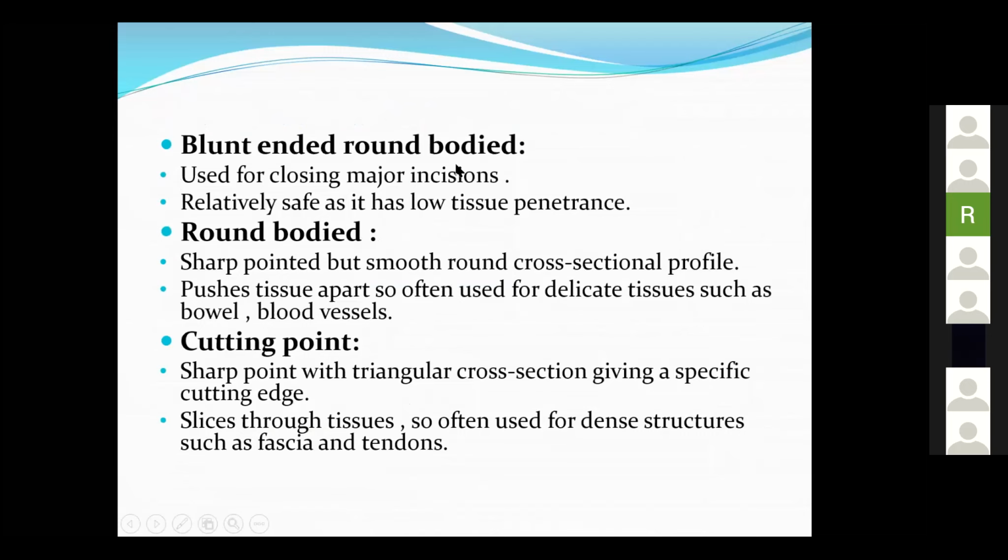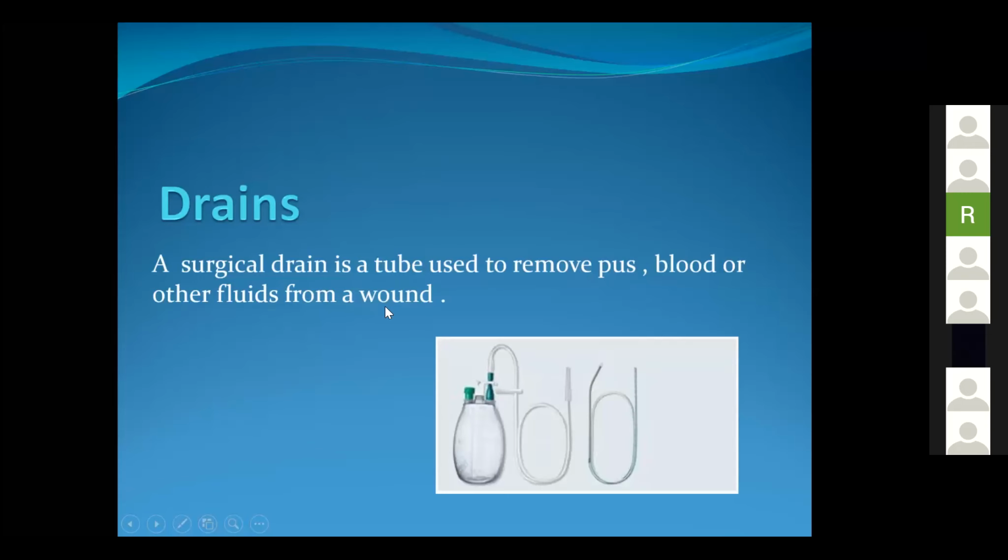So blunt-ended, round-bodied needles are used for closing major incisions, and they have low tissue penetrance, right? So we use them, as I said, for gut, for other deeper tissues, for softer tissues. Round-bodied needles we use when partly it is sharp, partly it is not.